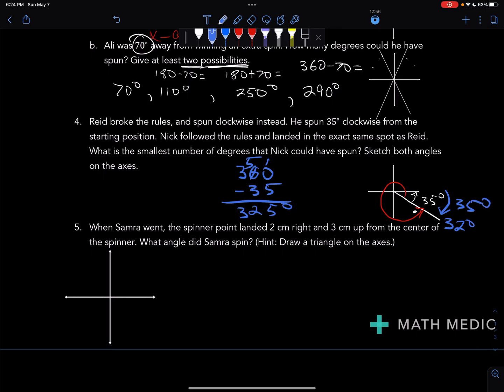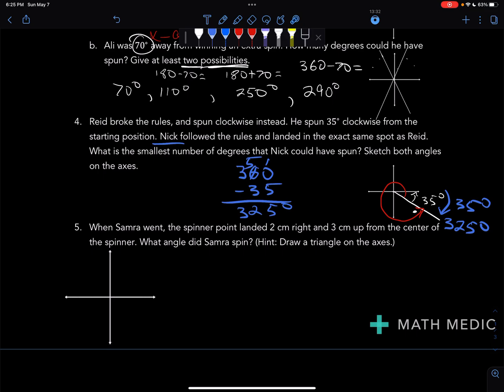Our reference angle. Then his buddy followed Nick and spun the correct direction, right? And that follows our red arrow around here. And then to figure out what, I forgot the 5 here, 325 degrees. So we figured that out by doing the 360 minus the 35 degrees, come up with that 325 degrees. Okay, next, number 5.